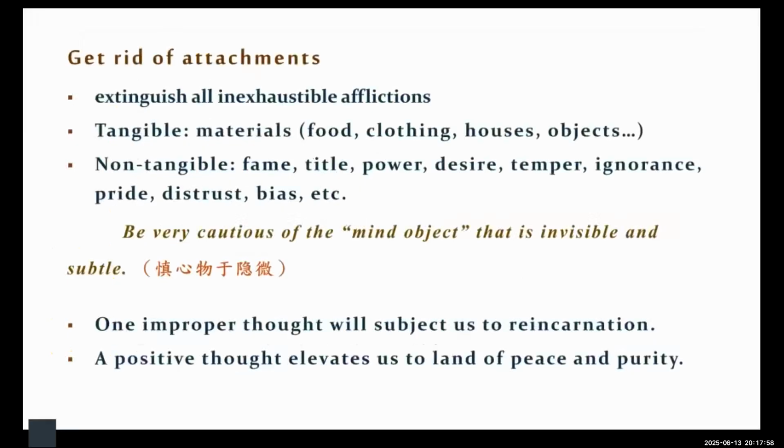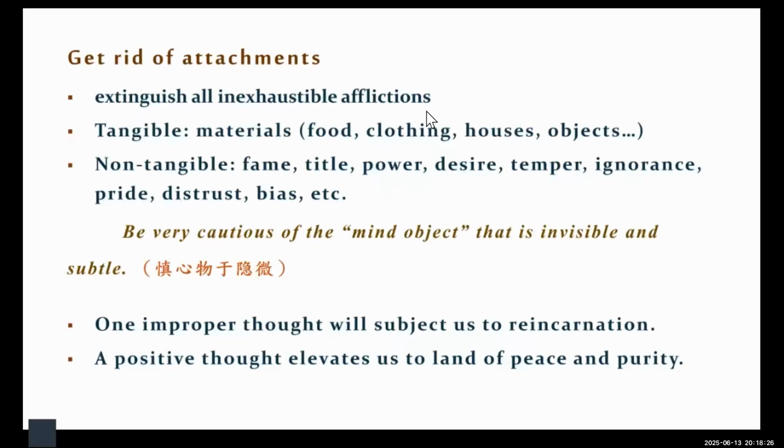Okay, now, first one, getting rid of attachment. I think we went through some of this last time, but I'm going to quickly run through this. It means to extinguish all kinds of inexhaustible affliction. This is one of the 4 great grand vows.